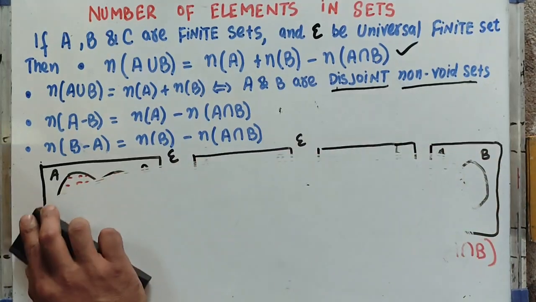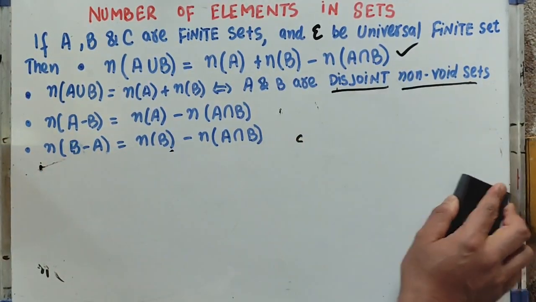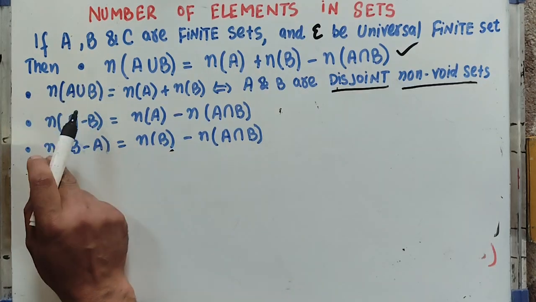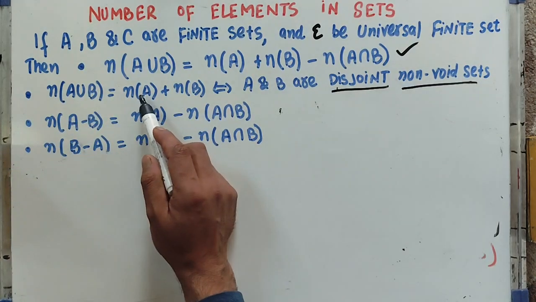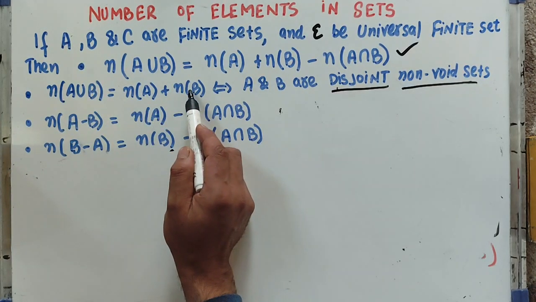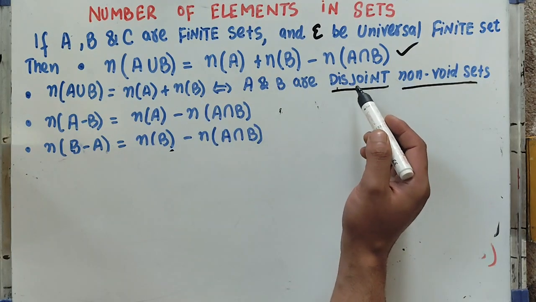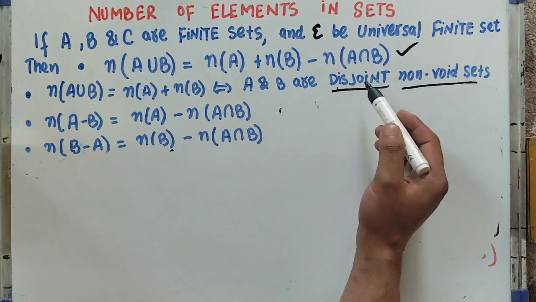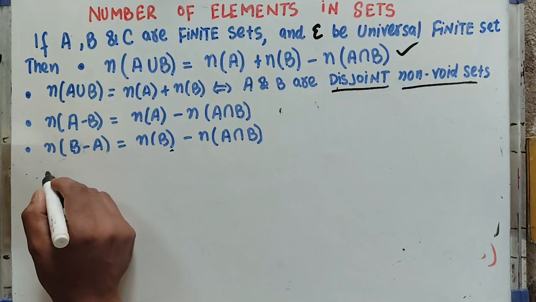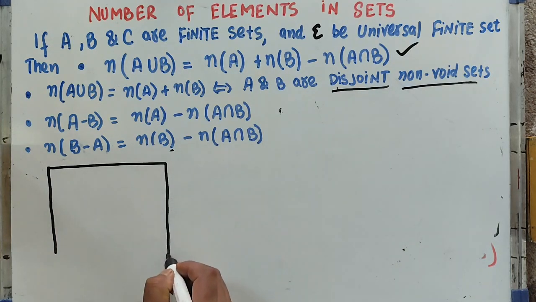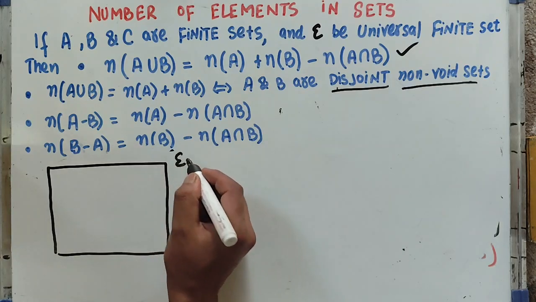Now let us learn about the second property, that is the number of elements in A union B is equal to the number of elements in A plus the number of elements in B, which double implies that A and B are disjoint non-void sets. Disjoint means they have no element in common. So let us try to break this out. Let us suppose this is our universal set.